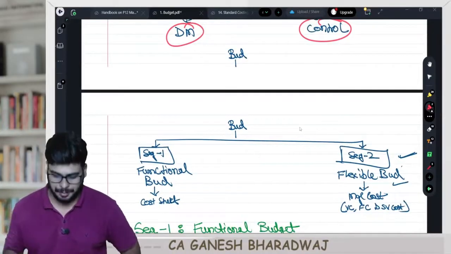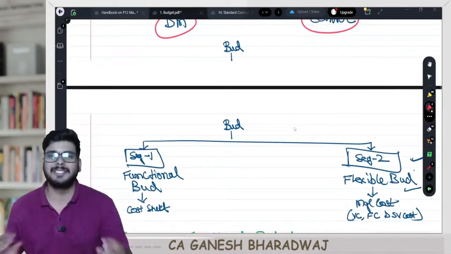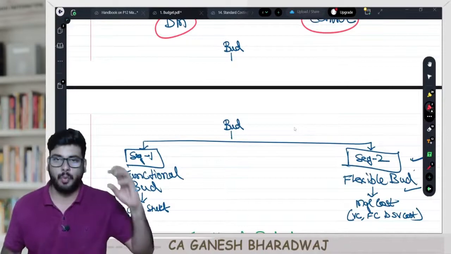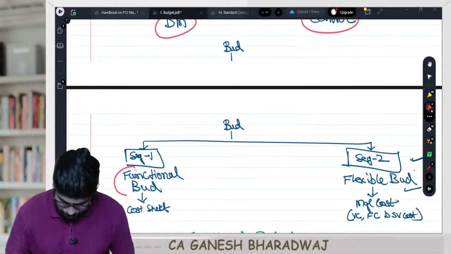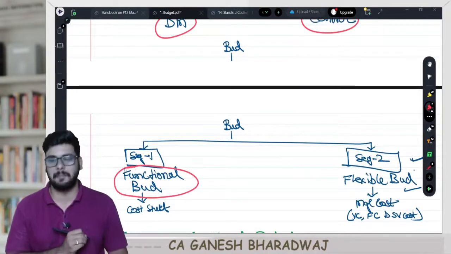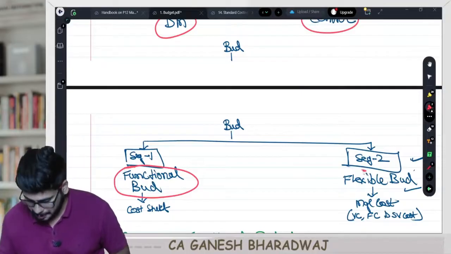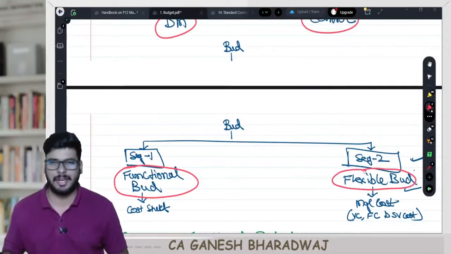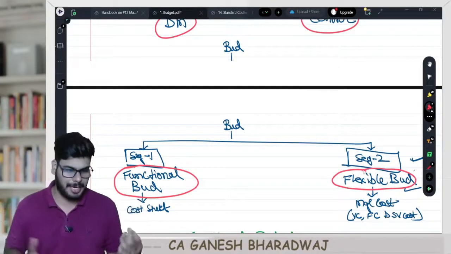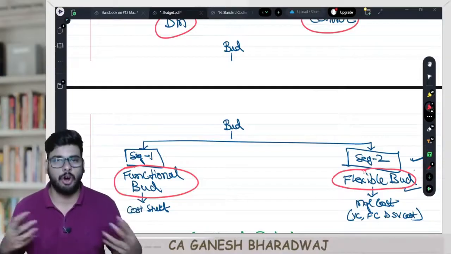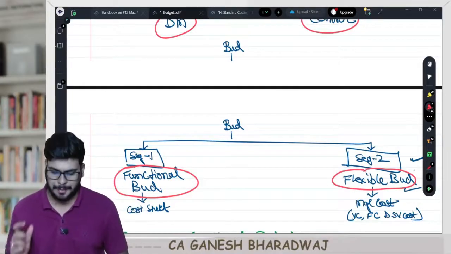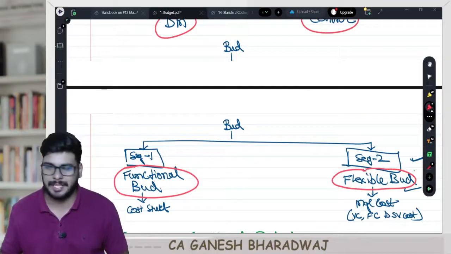Now, predominantly this budgeting chapter is bifurcated into two segments. One is preparation of something called functional budgets. The other one is preparation of something called flexible budget. Broadly, these are the two components inside this particular chapter: functional budgets and flexible budgets.